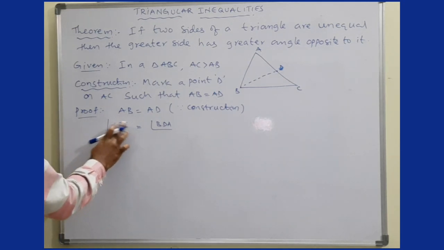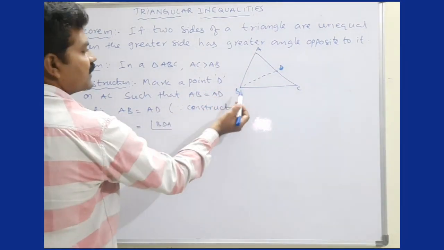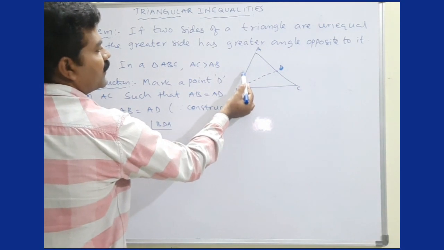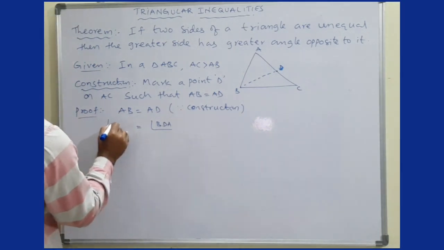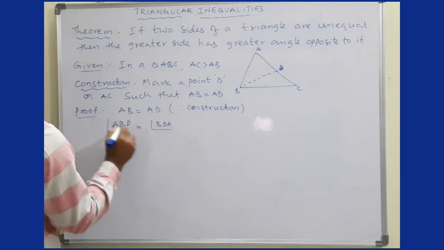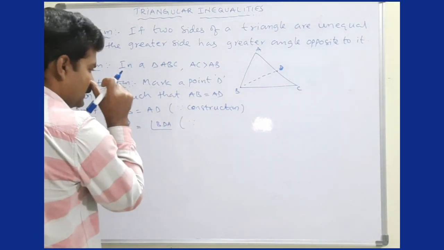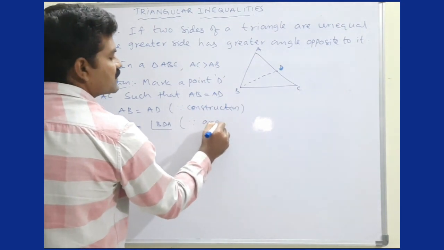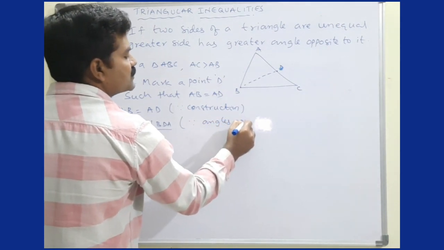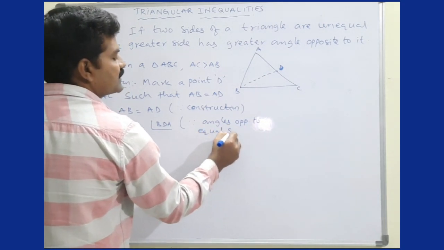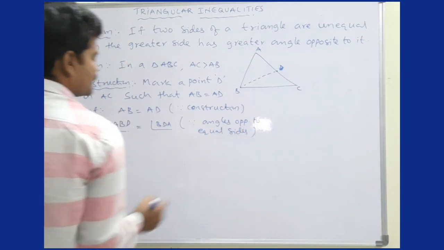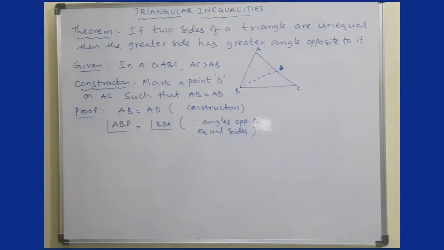AB and AD are equal, so angle ABD and angle BDA are equal, because angles opposite to equal sides are equal.